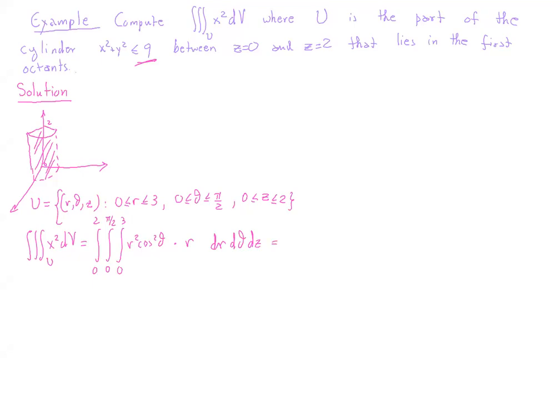It splits again. And we're going to get the integral from 0 to 3 of r cubed dr times the integral from 0 to pi over 2 of cosine squared of theta d theta. And finally, we will have the integral from 0 to 2 dz.